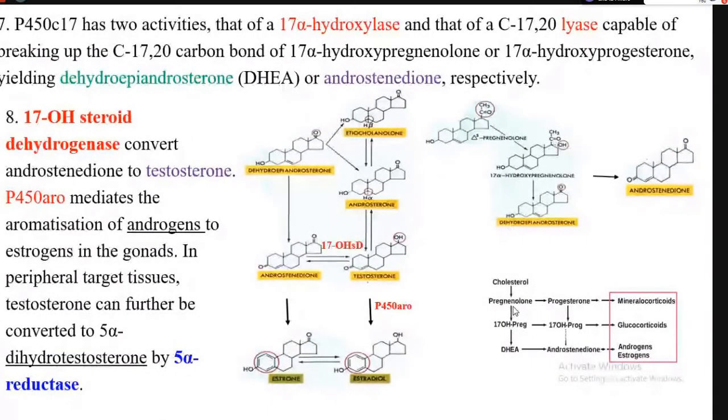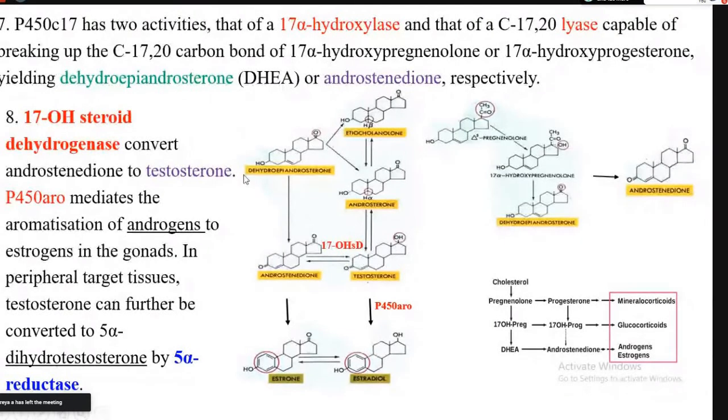Now, the seventh step: 17-alpha hydroxylase has two activities, 17-alpha hydroxylase and C17,20-lyase, capable of breaking the C17-20 carbon bond of 17-alpha hydroxypregnenolone or 17-alpha hydroxyprogesterone, yielding dehydroepiandrosterone or androstenedione respectively.